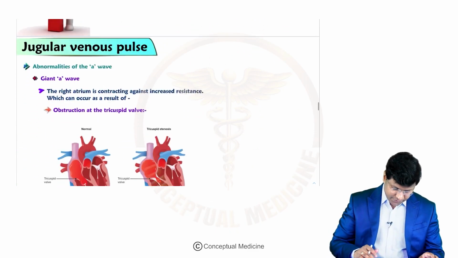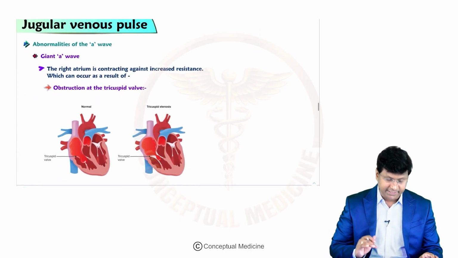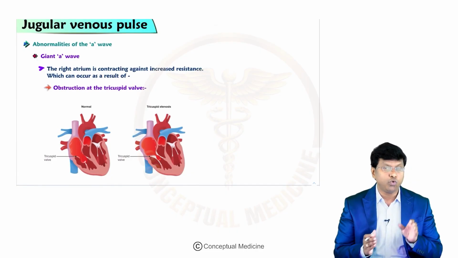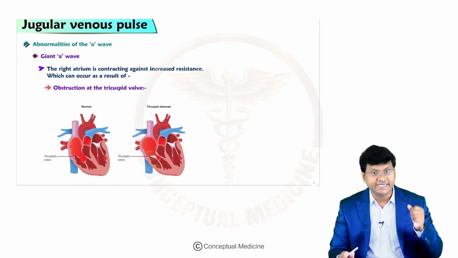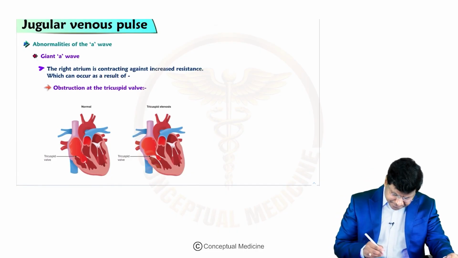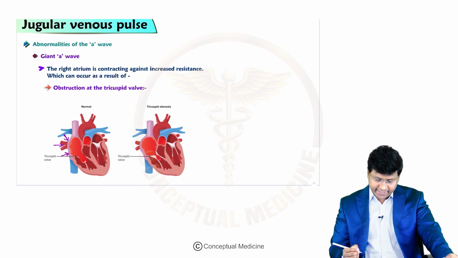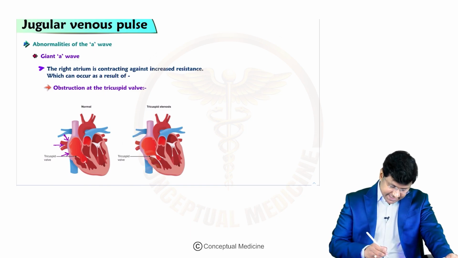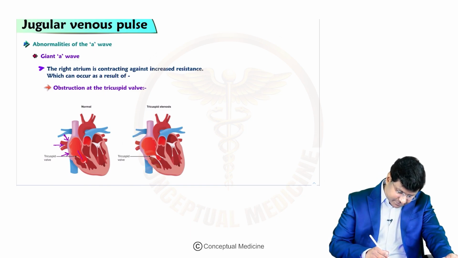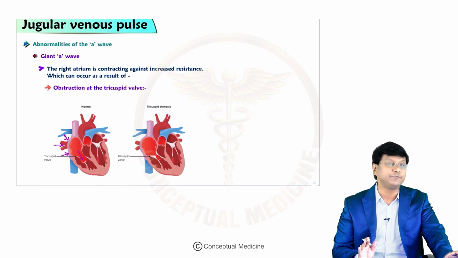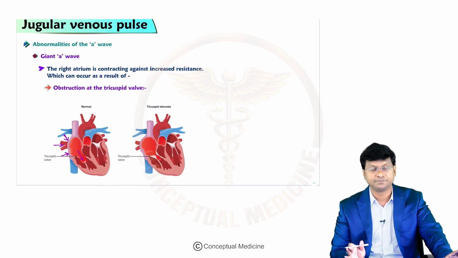Now, for the giant A wave to occur, what will be the etiologies? See, when the right atrium is contracting, the blood from the right atrium should enter into the right ventricle comfortably without any obstruction.